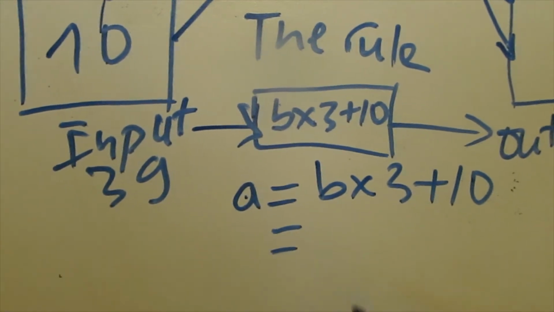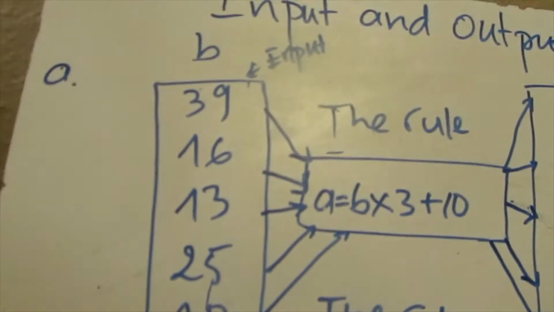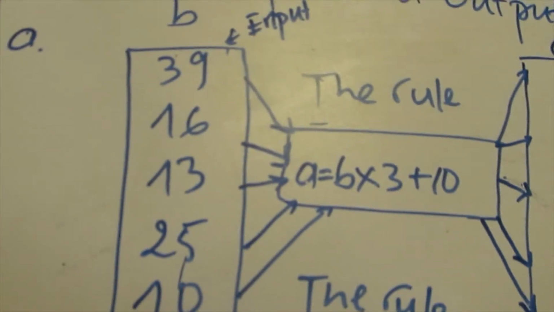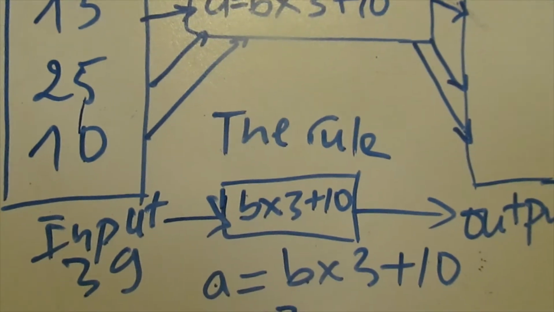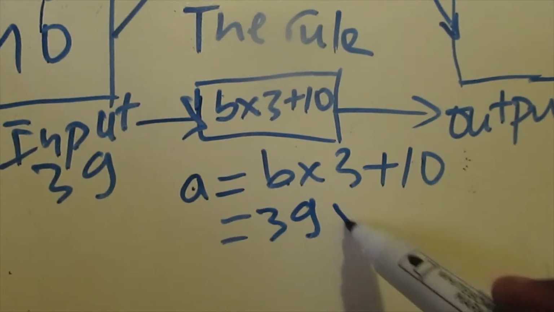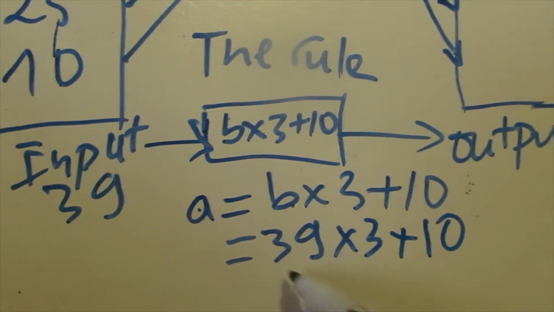Then we just have to replace the value, because we already have the value of B for the first output. Our B is 39. So we replace: 39 times 3 plus 10.